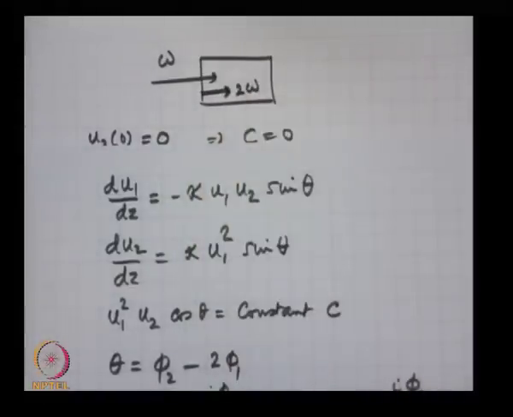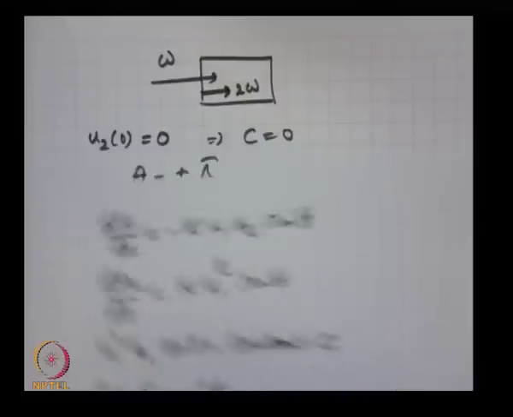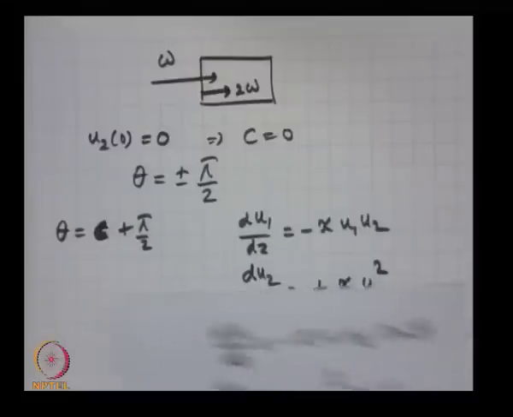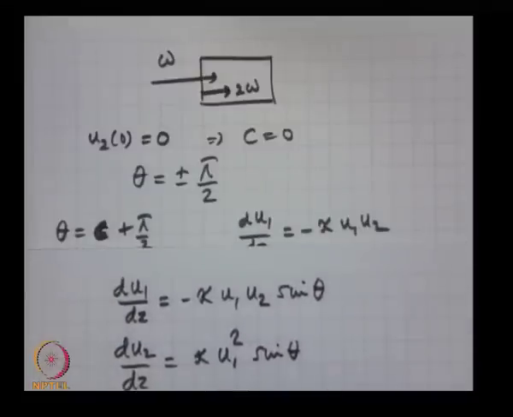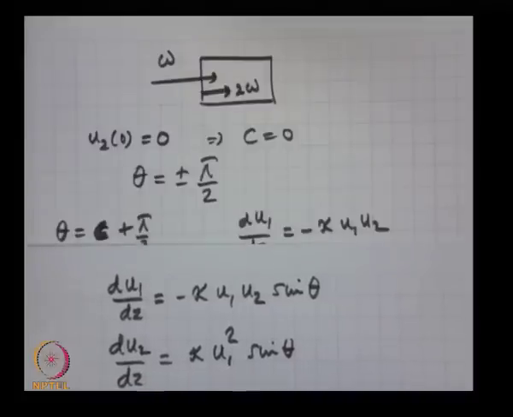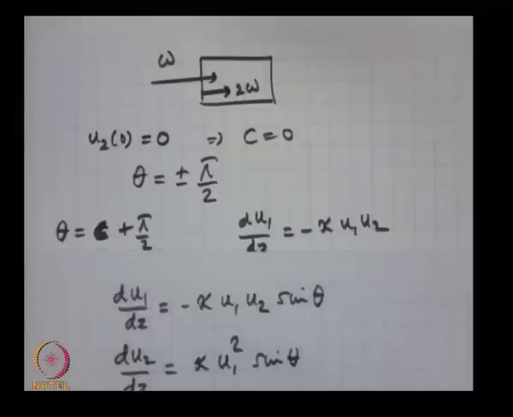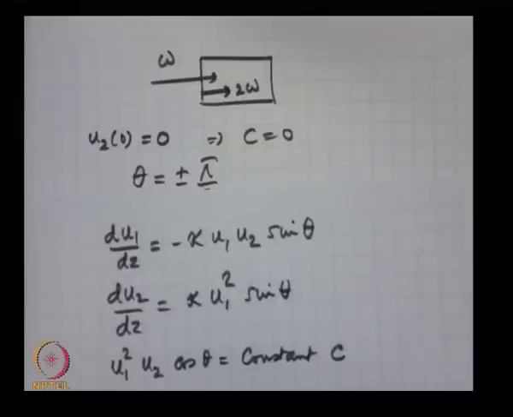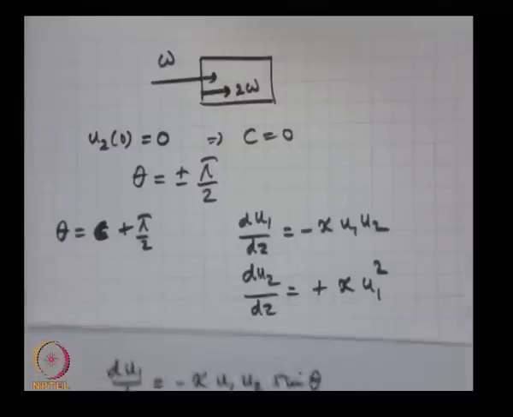The phase of the second harmonic will be such that phi 2 minus 2 phi 1 is equal to plus pi by 2 automatically, because the minus pi by 2 gives me a wrong solution. With the minus pi by 2, I would have to decrease u2, and u2 is already 0. U2 is the amplitude; the phase is contained in phi 2. So this second solution, theta equal to minus pi by 2, is not an allowed solution in this problem.